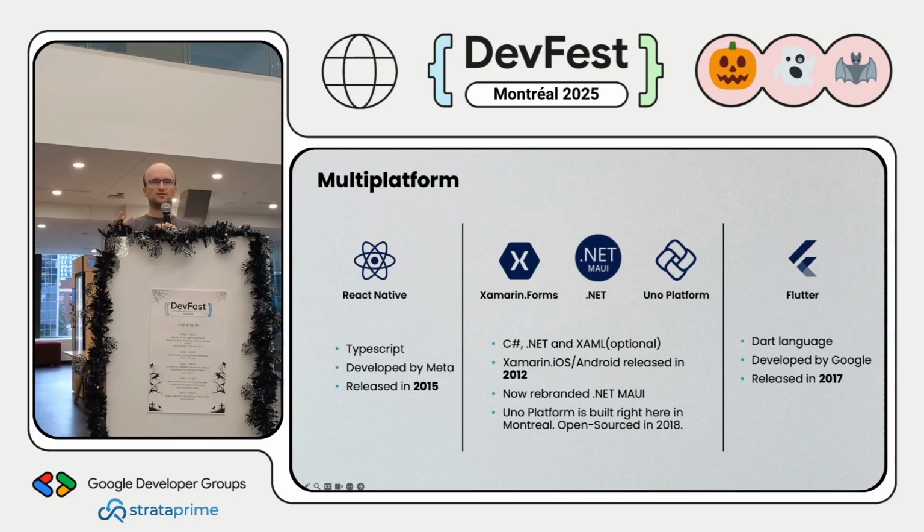Platform is open source and was built right here in Montreal. I've had the opportunity to work on that team in the early days, and it leverages the .NET iOS, .NET Android method, and also the WebAssembly of .NET to build your application. Flutter was slightly later, 2017, but you can see it's still a long time ago, and supported by Google, among other players. And it's built in Dart.